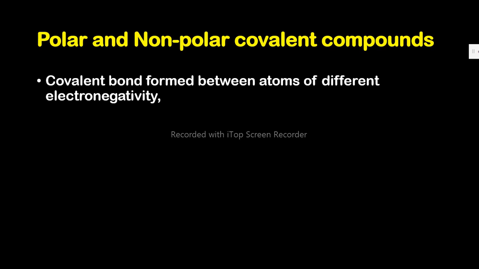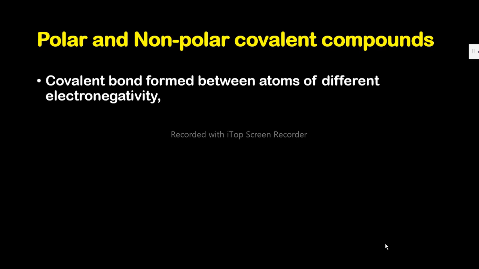Now assuming the sharing is between two atoms and the atoms have different electronegativities, you know what electronegativity is? Yes, that tendency to attract the bonding electrons between two atoms covalently bonded together. It is assumed that when you share, the two electrons must be equally shared.